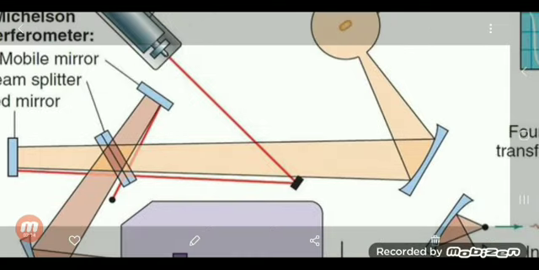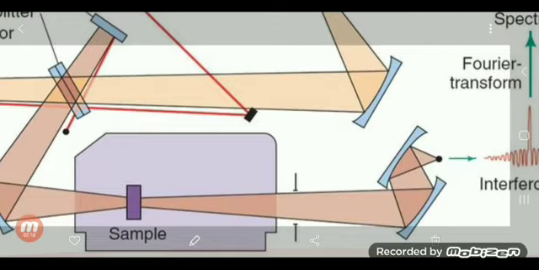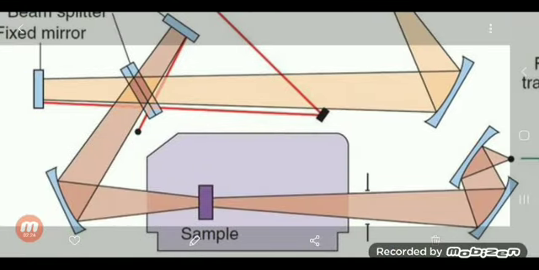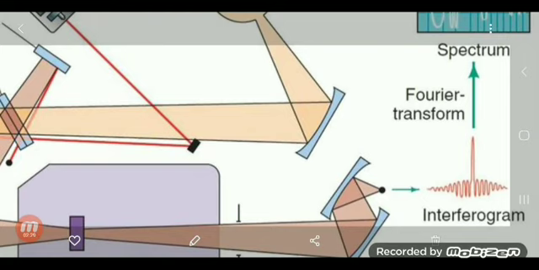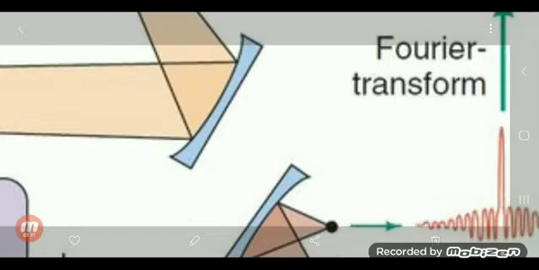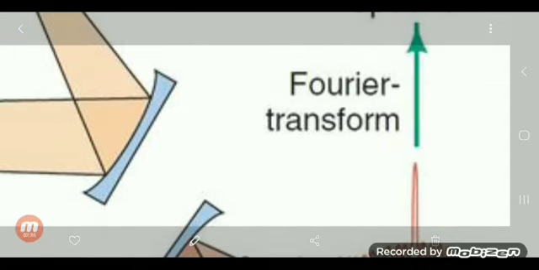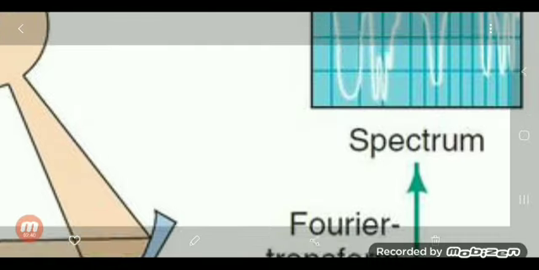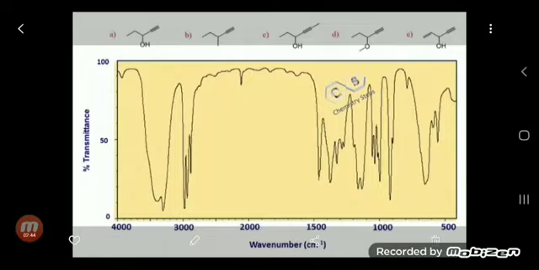The laser source is for adjusting the positions of the mirror. We have a fixed mirror and a moving mirror, and the infrared rays pass through the sample. We get by the detector something called an interferogram, which by the Fourier transform equation is transformed to a spectrum that we explained.